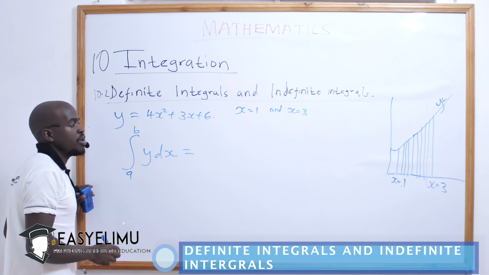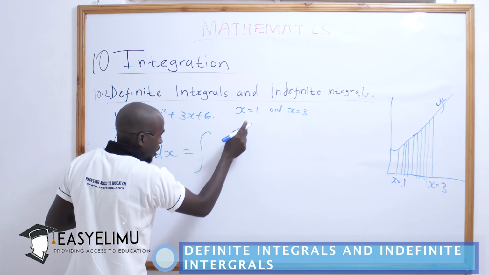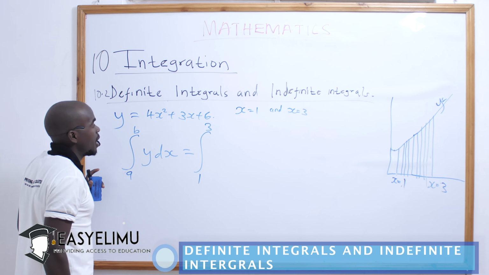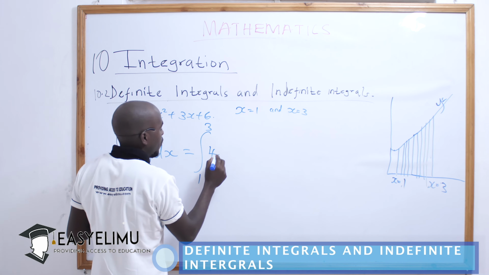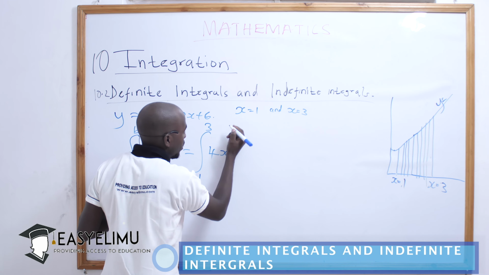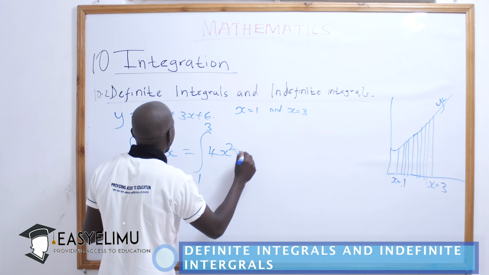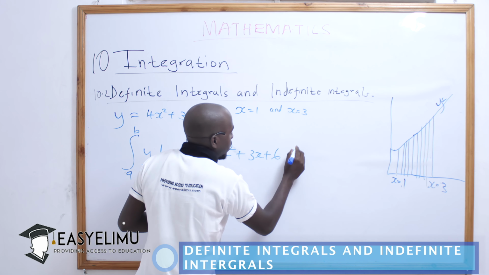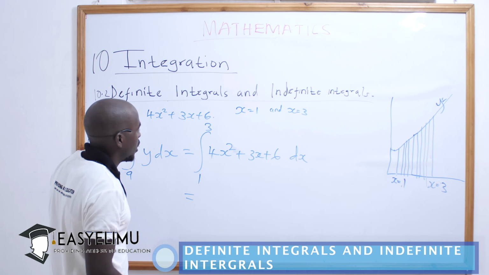But this one we have been provided is integration where our a is 1 and our b is the maximum one, which is 3. And if we do that, we replace y with 4x squared, actually it's 4x squared plus 3x plus 6, then dx.